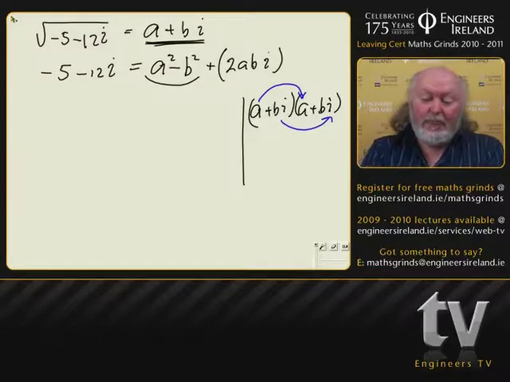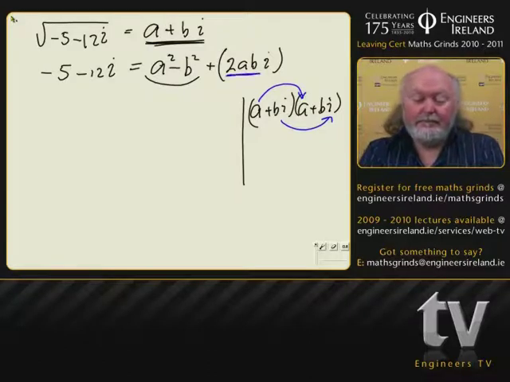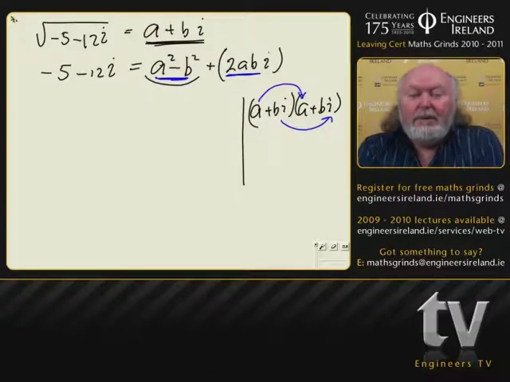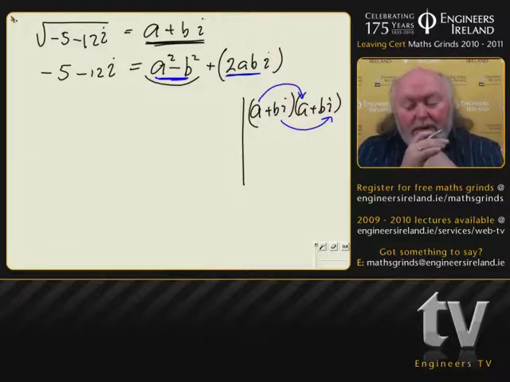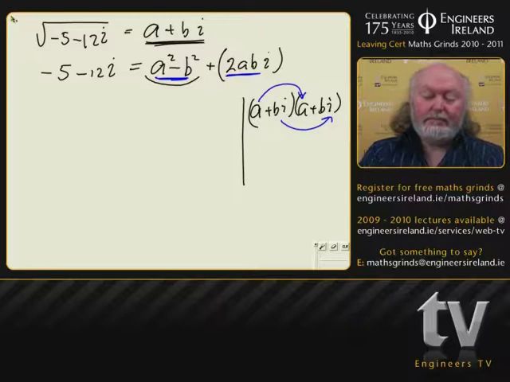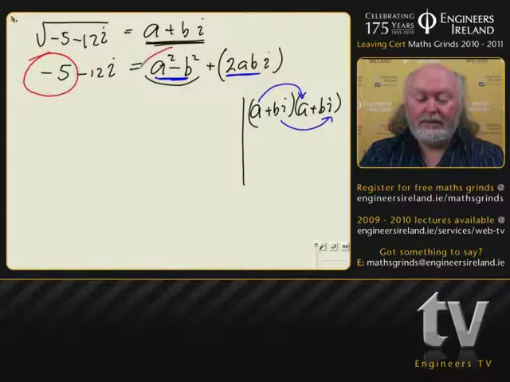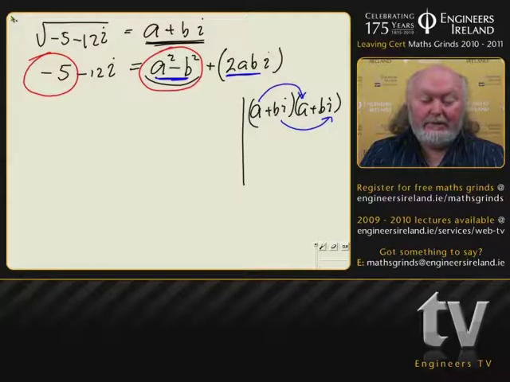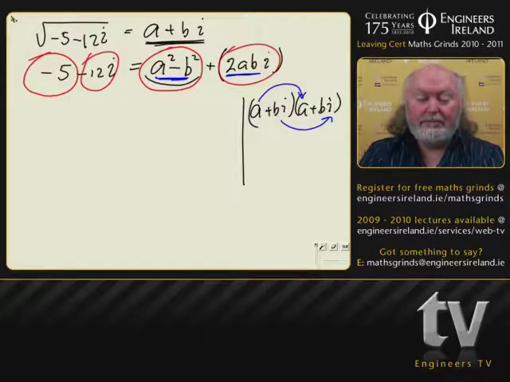Now then, what we can say now is, the only way that this expression that we're looking at here, this equation, can be true is if this real bit is equal to this real bit, and similarly this complex bit is equal to that complex bit, the imaginary bit.